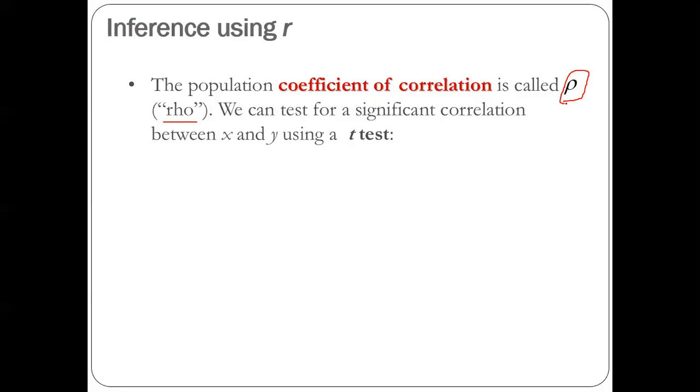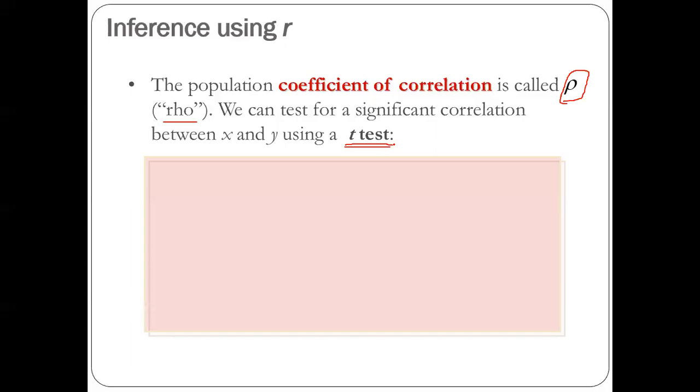The population coefficient of correlation is called rho. So this symbol is called rho. We can test for a significant correlation between X and Y using a t-test. After we got the value of R, that is 0.8261, we can continue to the test statistic.